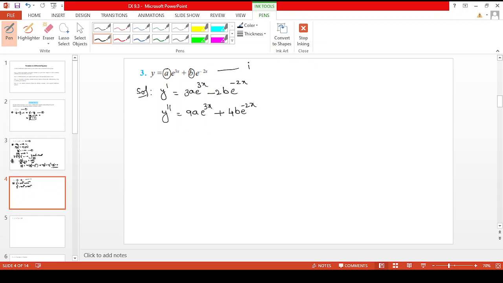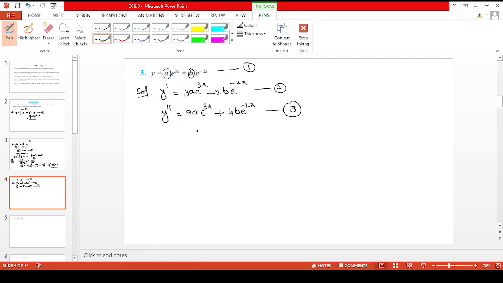So let us assume that this is equation 1, this one is 2, this one is 3. Now we have to use 1, 2 and 3 and eliminate arbitrary constants a and b. It is up to us whichever equations we want to use. The final aim is to find a differential equation that is free from arbitrary constants.